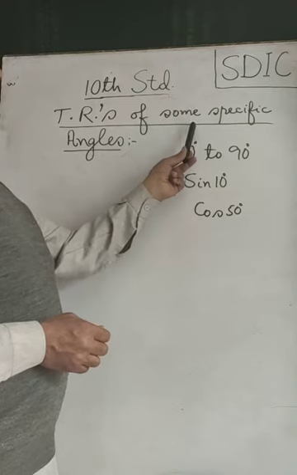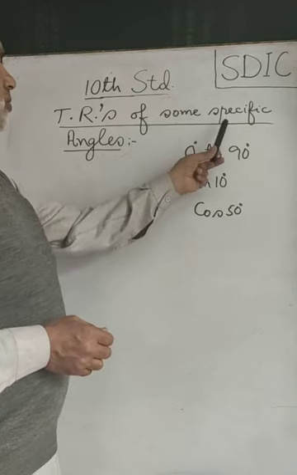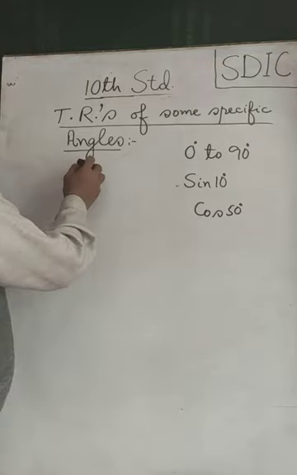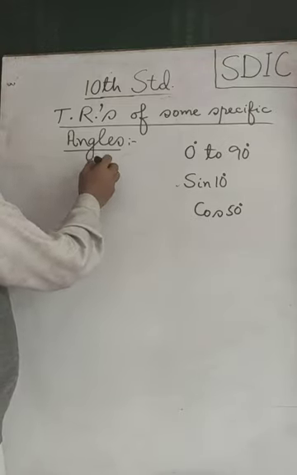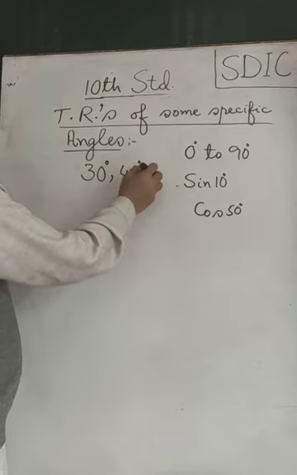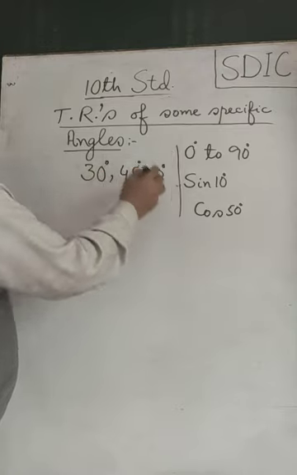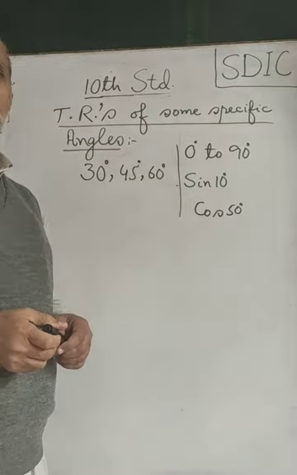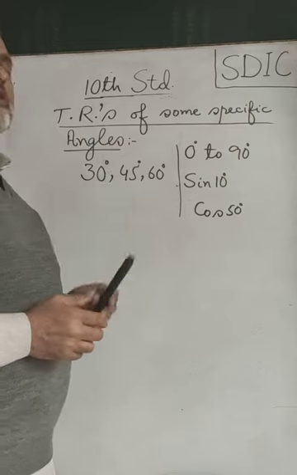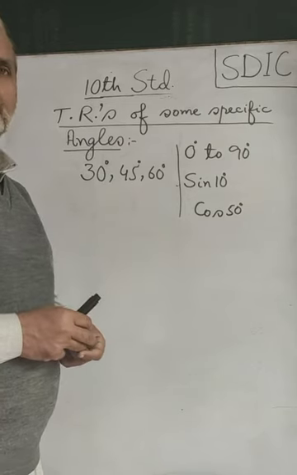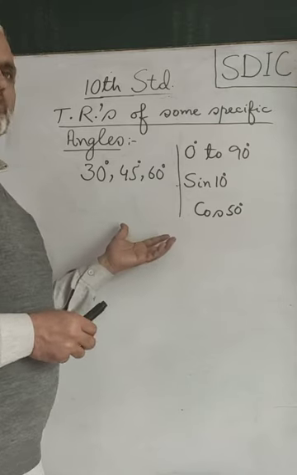Not all acute angles, only some specific acute angles. And you have to use here only 30 degrees, 45 degrees and 60 degrees. Only these three specific acute angles you need. You will have to use their values frequently as we proceed in the chapter. You need to know those values.